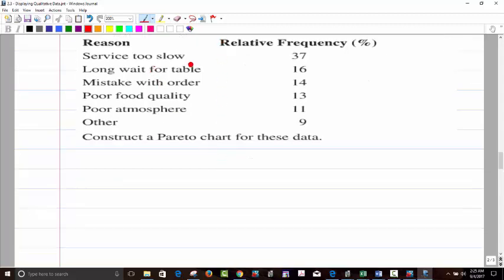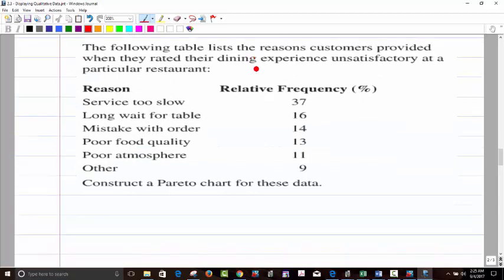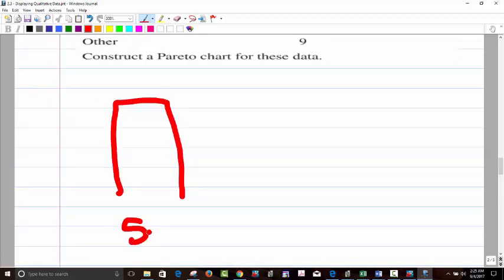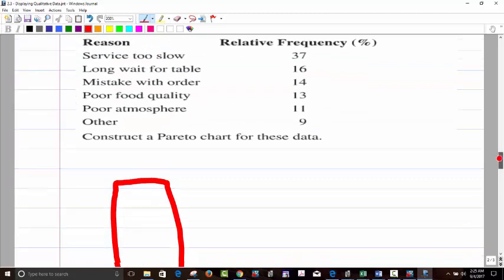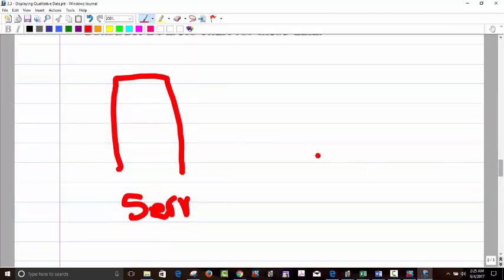But you see all these reasons for why they said it was an unsatisfactory experience. So you basically would have service too slow. I'm doing this freehand, so it looks terrible. This is not a writing tablet. And that's 37%. And then long wait was 16%.